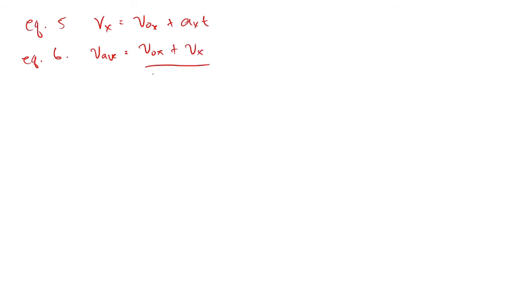So let's use equation 5 and equation 6. By equation 5, as you may have remembered, our Vx is equal to our V naught x plus our Ax t. As you may have remembered, our equation 6 says that if we have an average velocity, our average velocity will be our v naught x plus vx all over 2.